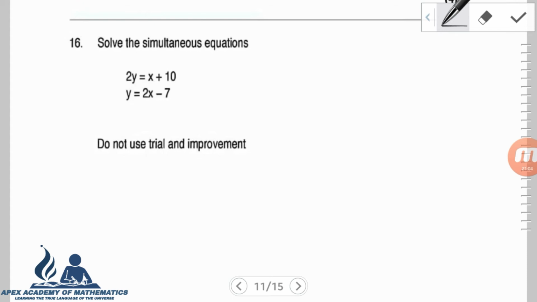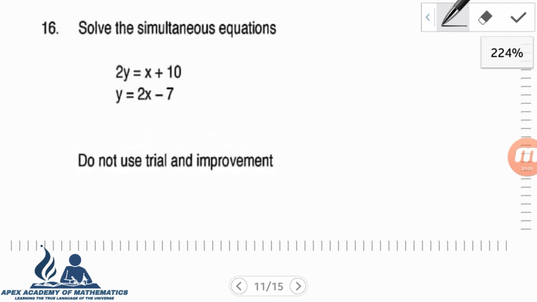All right, so here I recognize right away that I have two equations as per usual. Equation 1, equation 2. But I noticed that in equation 2 I already have y as the subject, so I already have an expression that represents y. y is equal to the expression 2x minus 7, but I also recognize that there's a y right here.